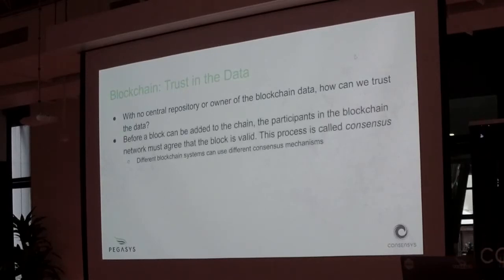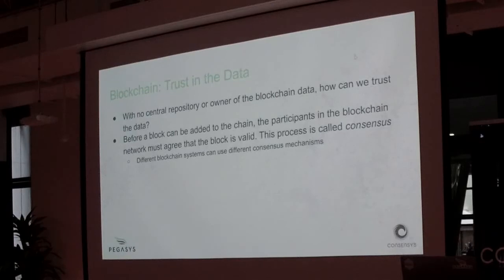Before a block can be added to the chain, so we have a new block of data and we want to add it to the chain, all the participants in that blockchain network must agree that this block is valid and that it indeed should be added to the blockchain. Okay? And this is a process that we call consensus.